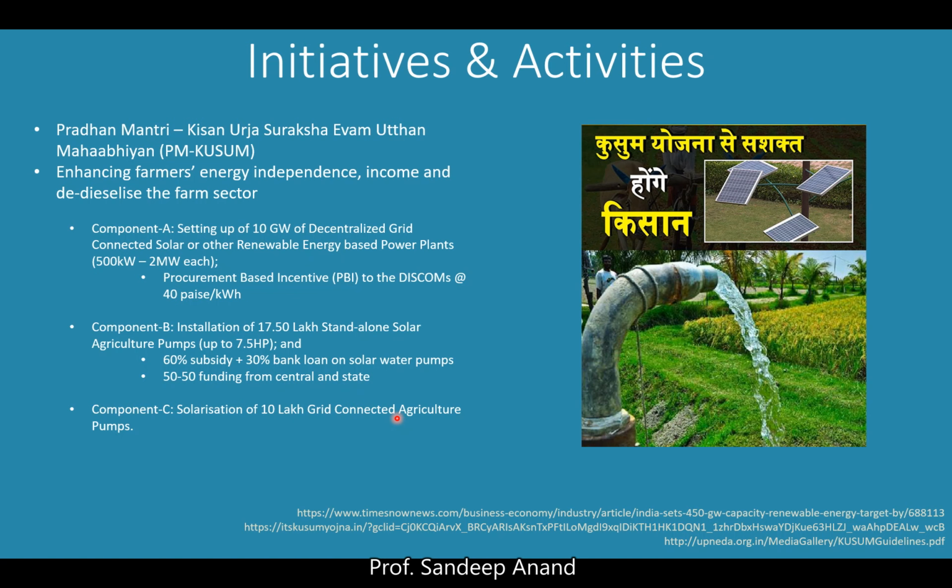Then component B was installing standalone solar-based water pumps, right? So instead of using diesel pumps, installation of solar pumps. Roughly, out of 100% cost, 60% was coming as subsidy together from central and state, and there were different kinds of loans and other things available for 30%.